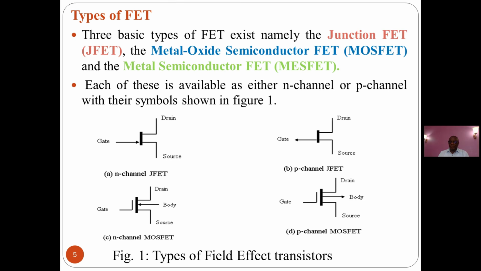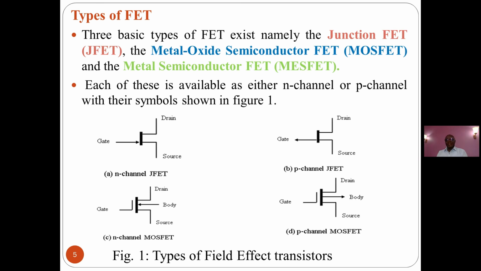This is more common, and you will be meeting it in your digital systems and in most of the electronics textbooks you will be reading. And the third one is the metal semiconductor field effect transistor, the MESFET. We will see the differences between them as we go down.